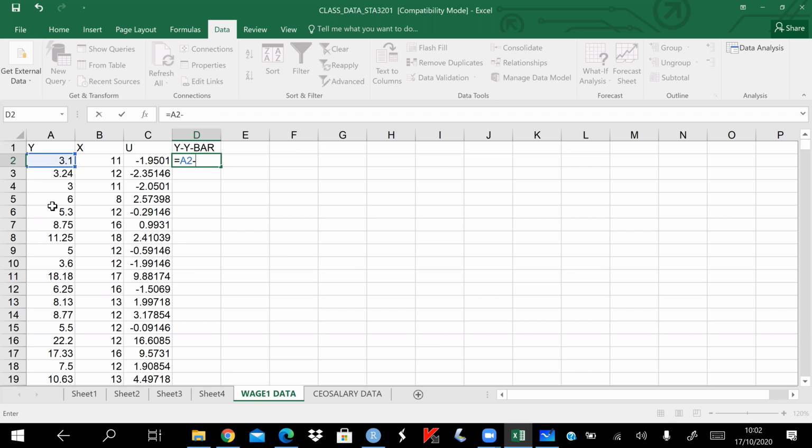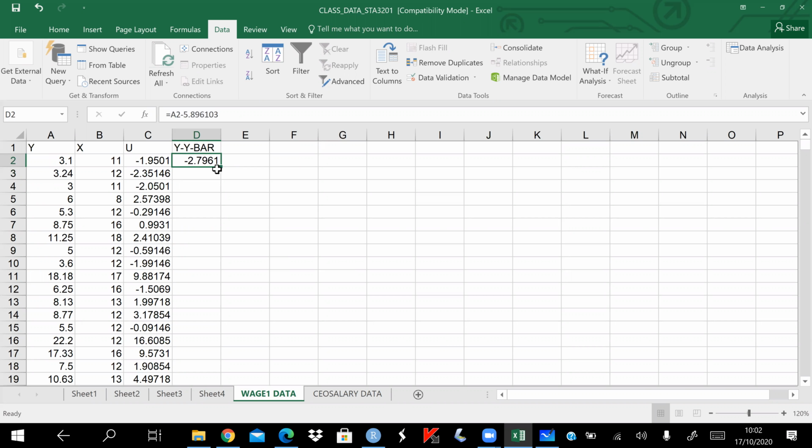The mean of y is how much? The mean of y is 5.896103. Okay, so that is y minus y bar.